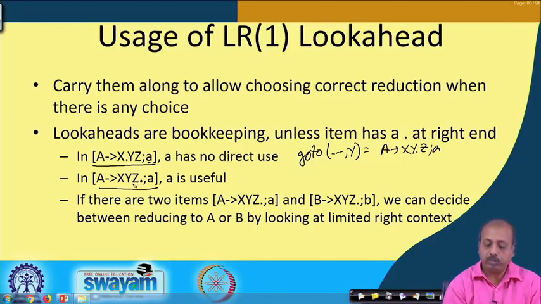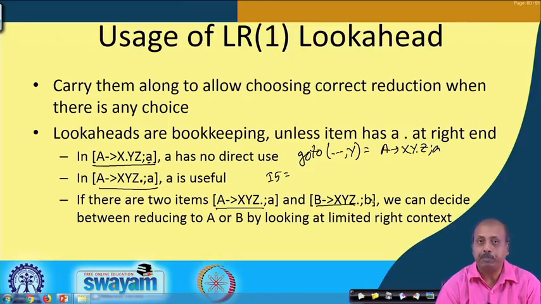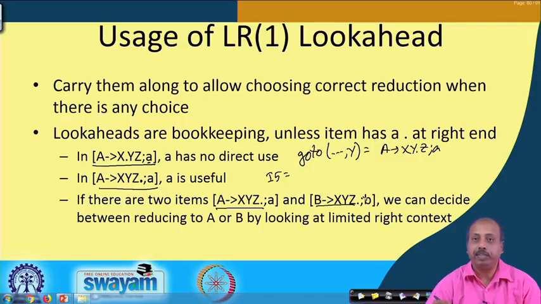How is it going to be useful? Suppose I am at a state, say I5, where I have these two items: A producing x y z dot semicolon A, and B producing x y z dot semicolon B. Previously what we were doing?